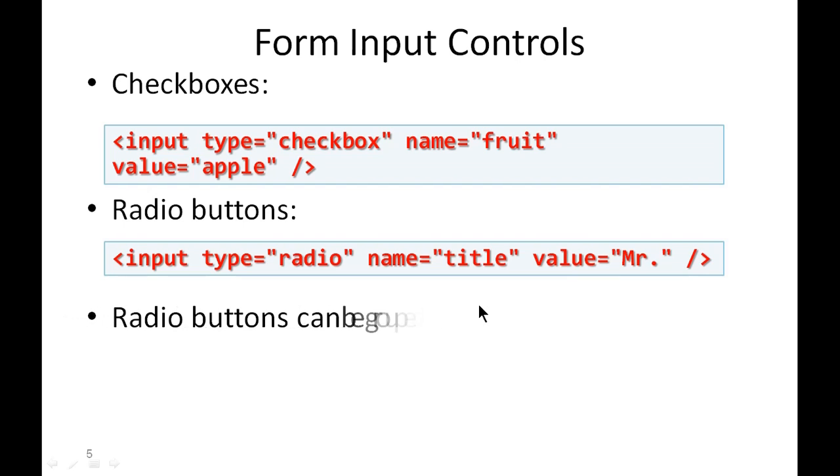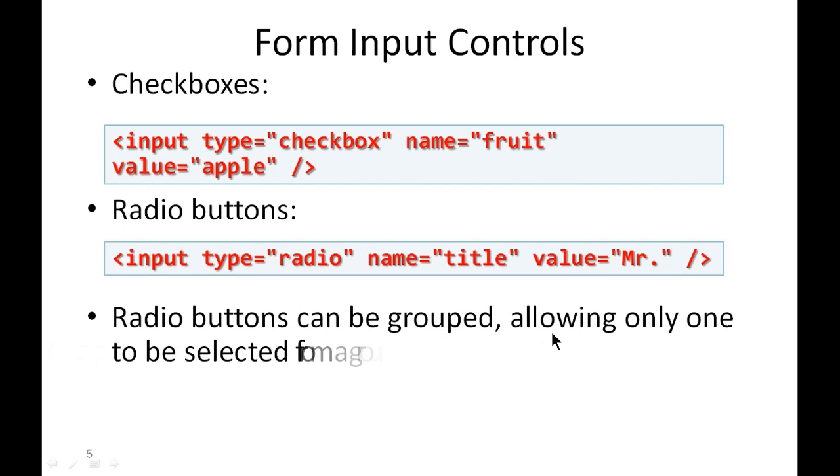Next, radio buttons can be grouped, allowing only one to be selected from a group. Okay, so there may be a group of radio buttons, and you can select only one radio button from the group. You can click only one radio button from a group of 5.